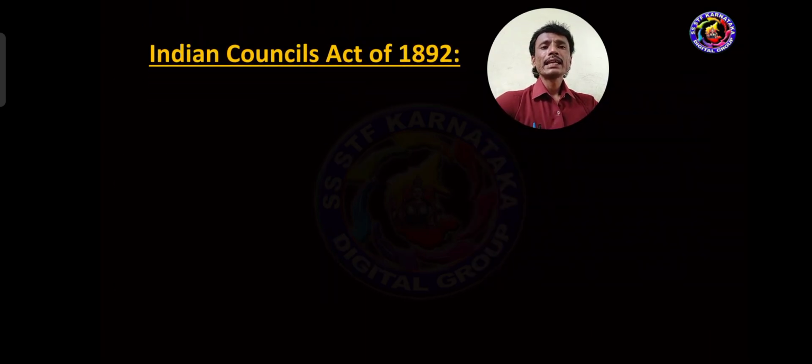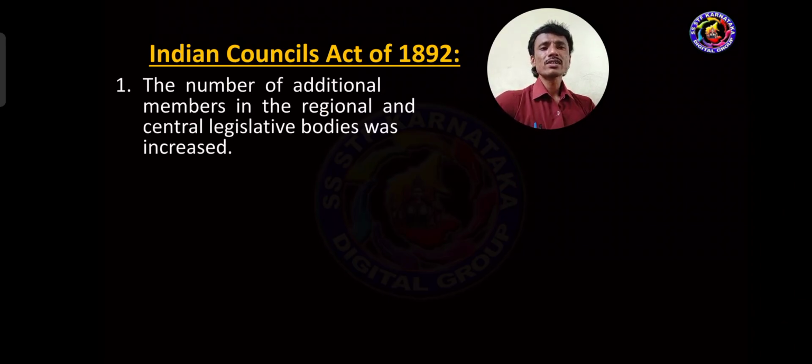Then the Indian Councils Act of 1892. What does it consist of? See, the number of additional members in the regional and central level bodies was increased. Before 1892, Indians nominated at the state level and the central level were very few.